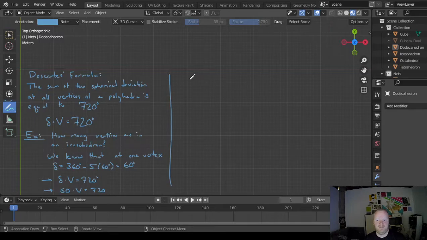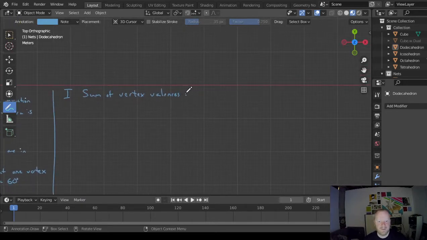So our first formula is that the sum of vertex valences is going to be equal to the sum of the face valences. And that in turn is going to be equal to 2 times the number of edges.